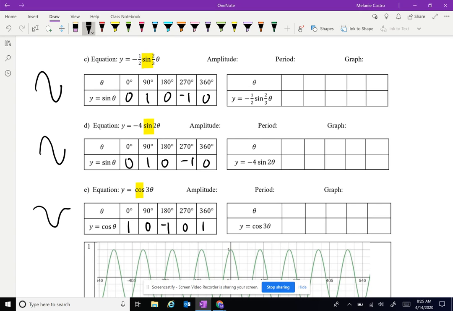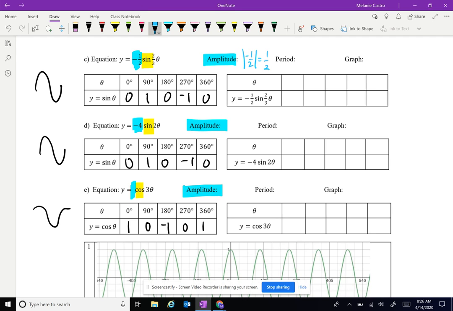These have been messed with by changing or transforming them with an amplitude change and/or a period change. So the amplitude, we're looking at the number in front of the function to see how it's changing our y values. So the amplitude would be +1/2.